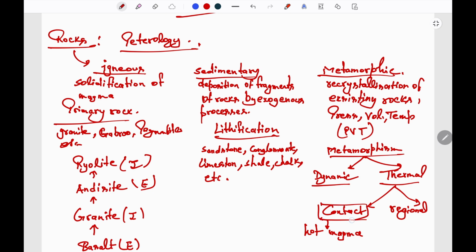So this is known as contact metamorphism. And in regional metamorphism, the metamorphism takes place due to tectonic shearing. This is a recent question asked in CDS 1 2026 about dynamic metamorphism and thermal metamorphism.